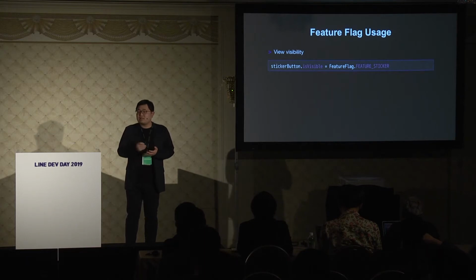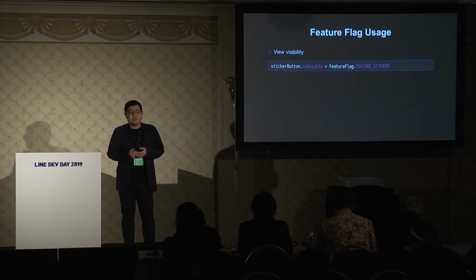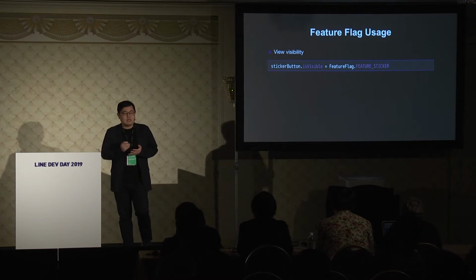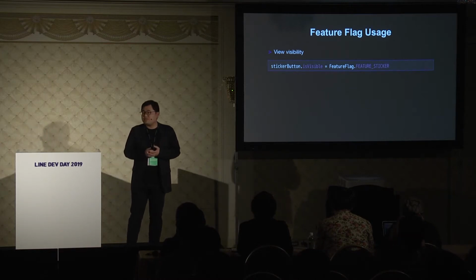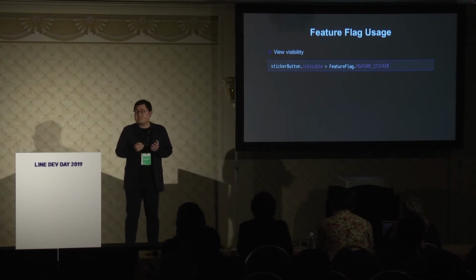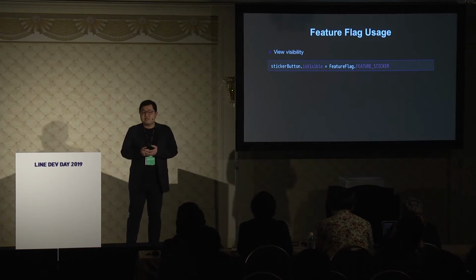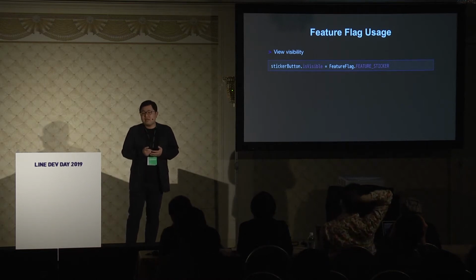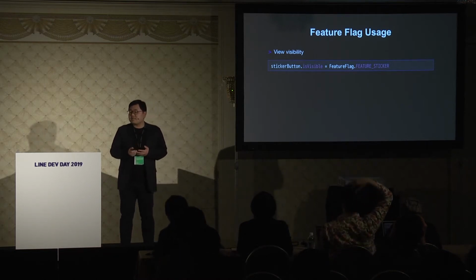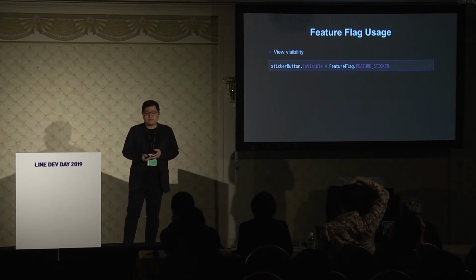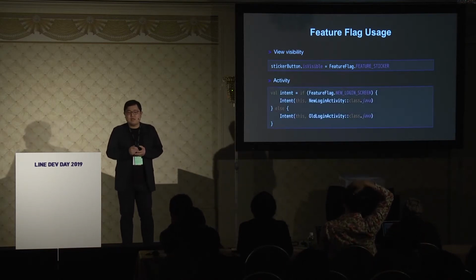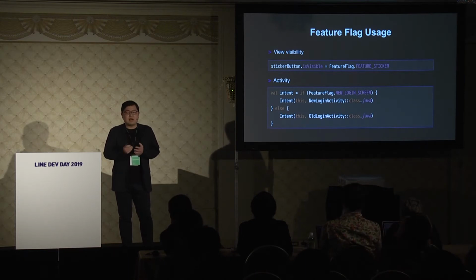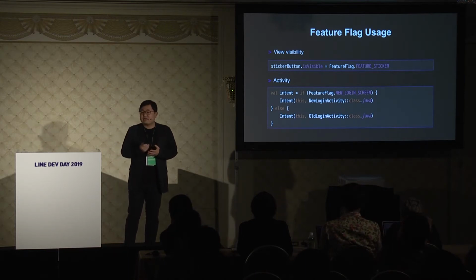The first is whether the view is visible or not to use the feature. For example, for a new feature, the sticker feature, you have the feature flag called feature sticker. If that flag is on, the stamp palette is displayed, so the button for that function is displayed.